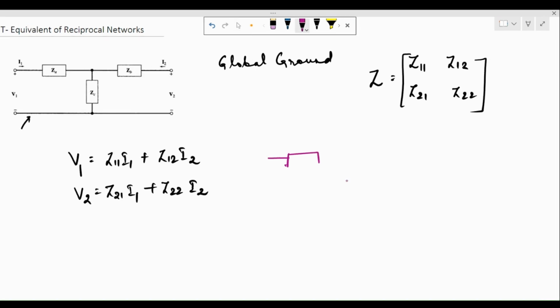Z11 followed by a current dependent voltage source Z12 I2, this forming port 1.